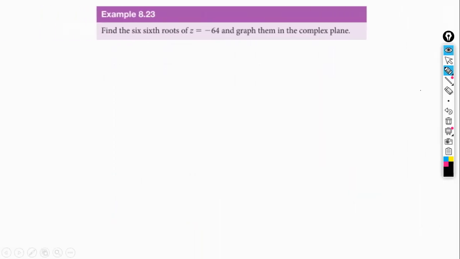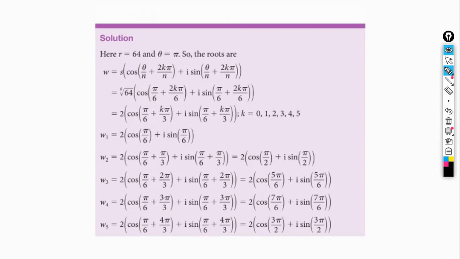So we continue with example 8.23, and it says, find the sixth roots of z equals negative 64 and graph them in the complex plane. So z equals negative 64. Where is this number? If you think about the complex plane, it's over here, right?